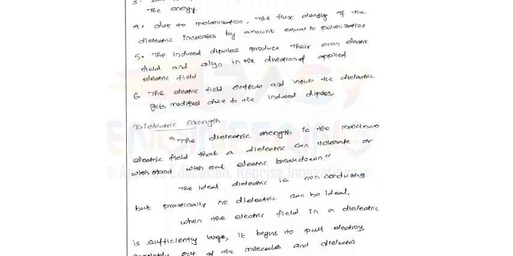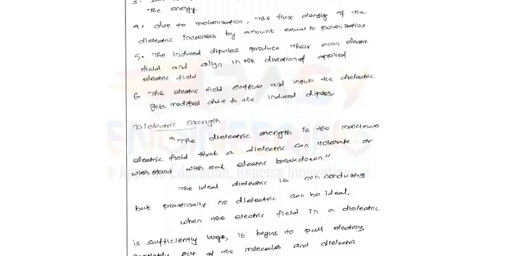All the insulators do not act as dielectric materials because they don't have the property of forming dipoles. When there is dipole formation, polarization takes place. When there is polarization, we can say it is a dielectric material. Otherwise, you can't say that.